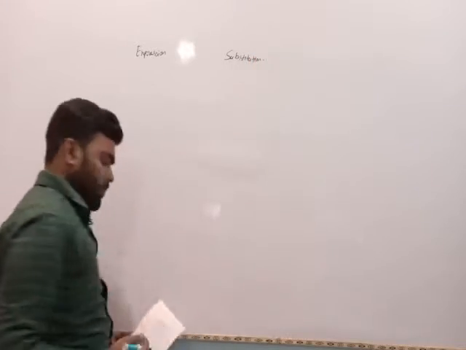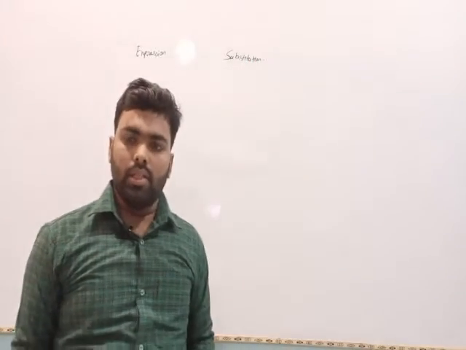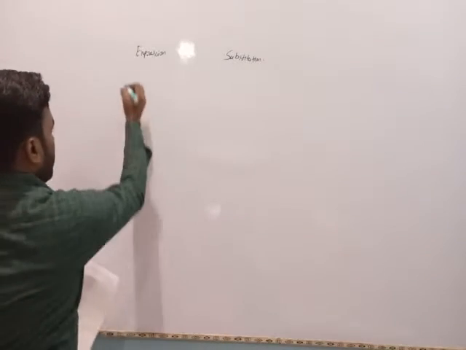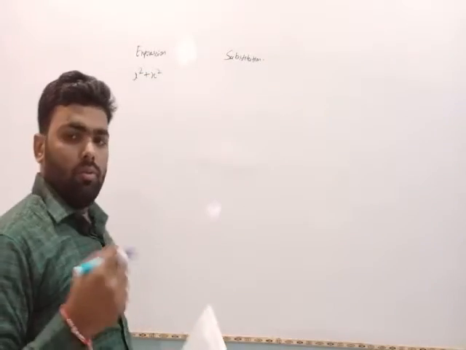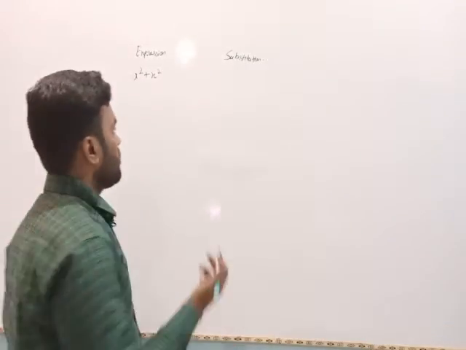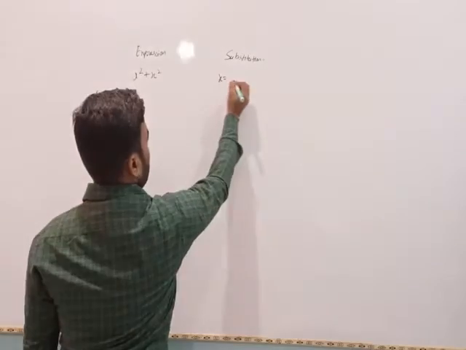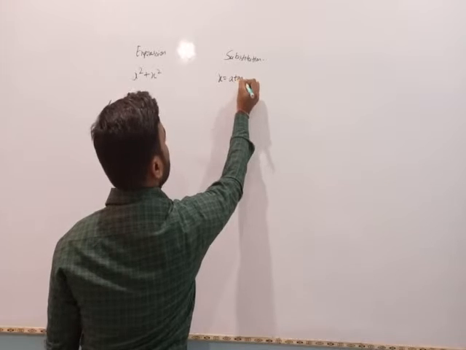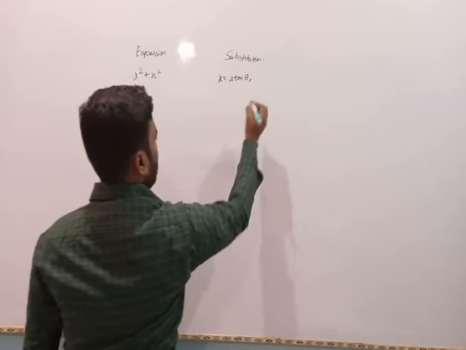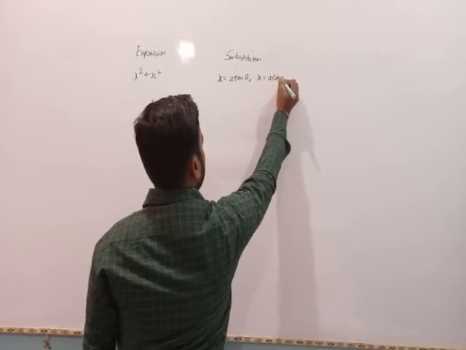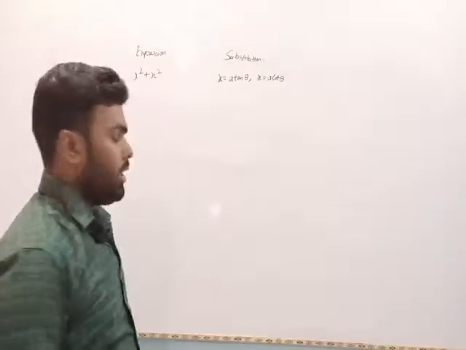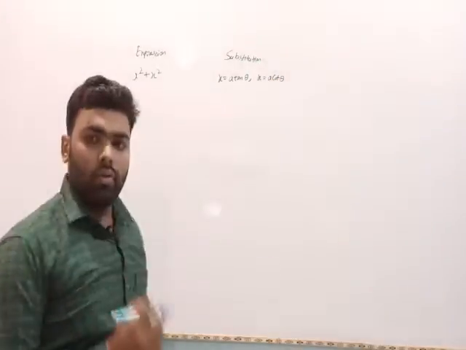If your expression is of the kind a square plus x square, then what will our substitution be? Our substitution will be x equal to a tan theta, or we can write x equal to a cot theta. This is the substitution for a square plus x square. Why?